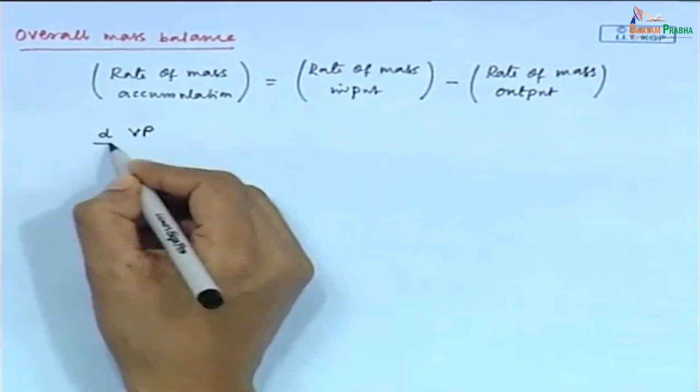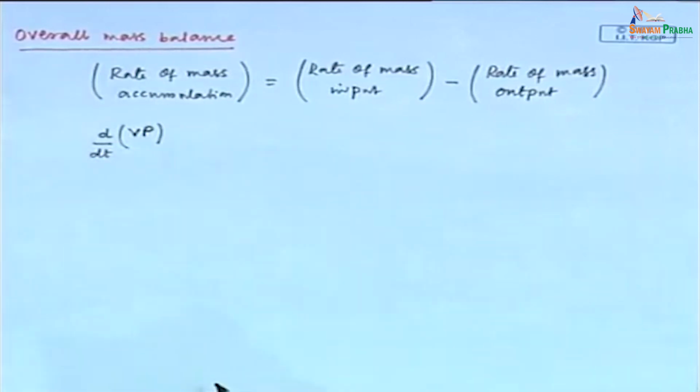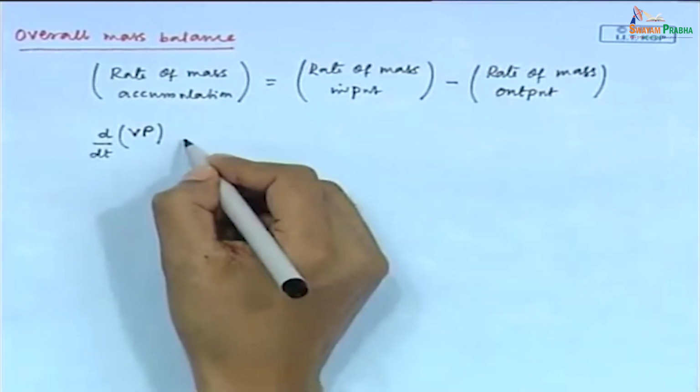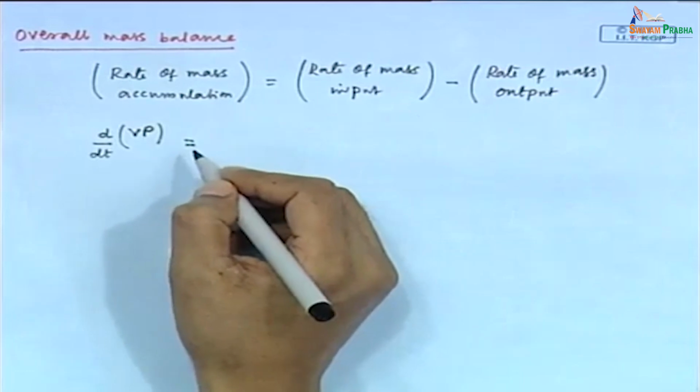Differentiation of this is the mass flow rate, d/dt of V rho, that is the rate of mass accumulation.